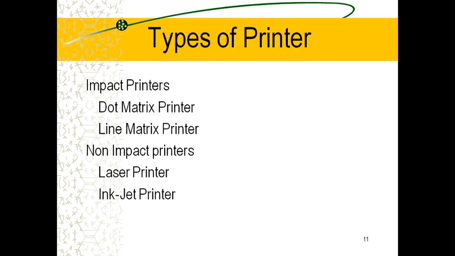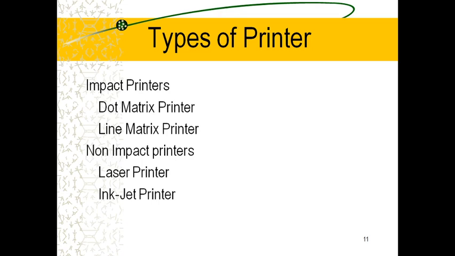Comparatively, the speed of this line matrix printer is higher than dot matrix printer. It can print 1000 lines per minute, but that is not possible. In your book they have given this, and for exam point of view you must know these things, but it is not true.